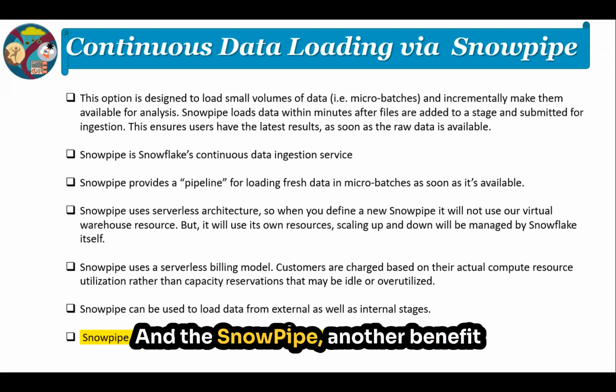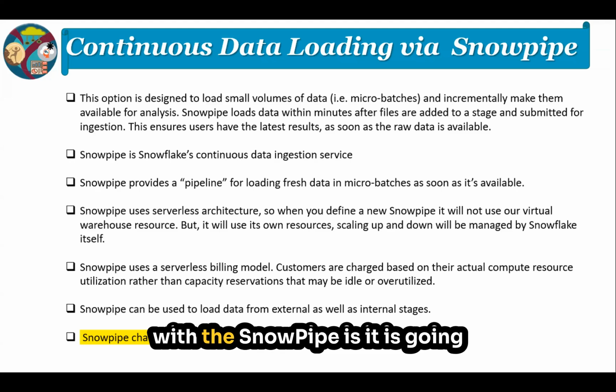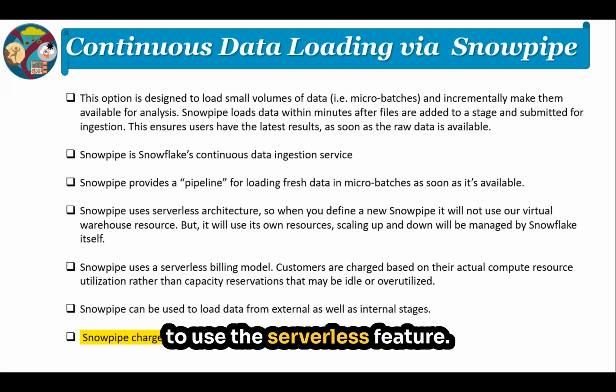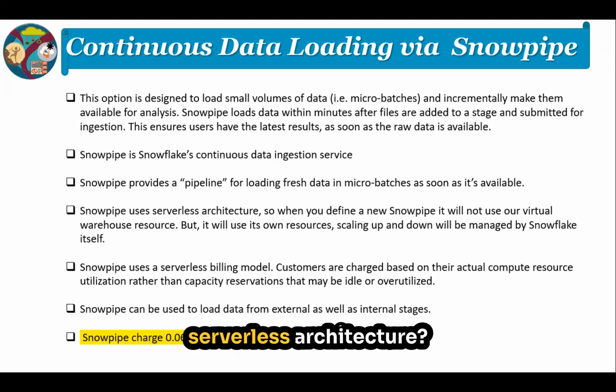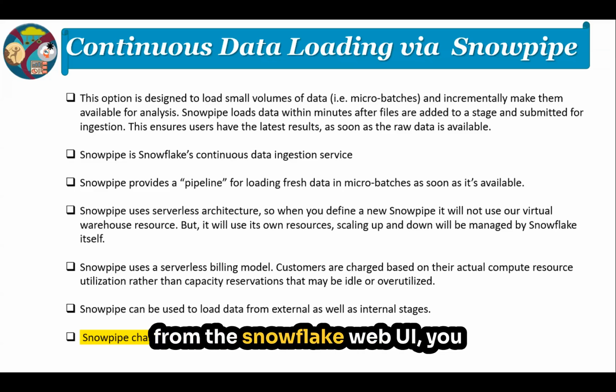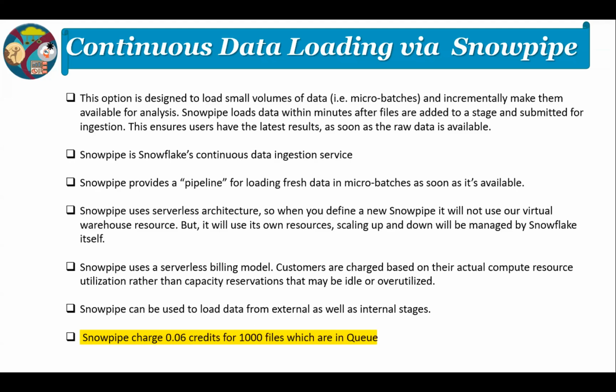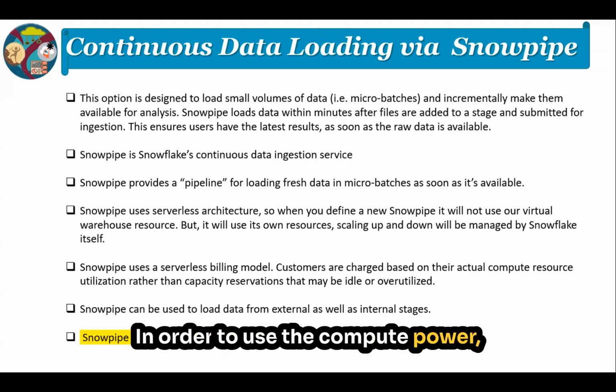Another benefit with Snowpipe is that it uses the serverless feature, serverless architecture. What is meant by serverless architecture? We know, if you want to execute a particular query from the Snowflake web UI, you need a dedicated warehouse in order to use the compute power, right?